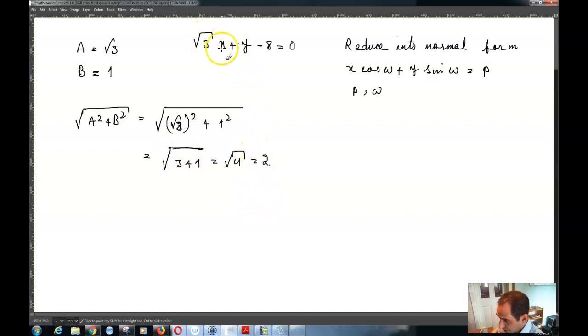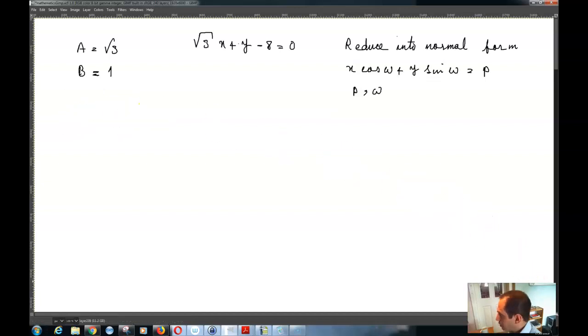So now if you divide everything by 2, you will be able to make sense of your equation and write it in normal form. Meaning that you can write this as square root of 3 by 2 times x plus 1 divided by 2 times y minus 4 is equal to 0.